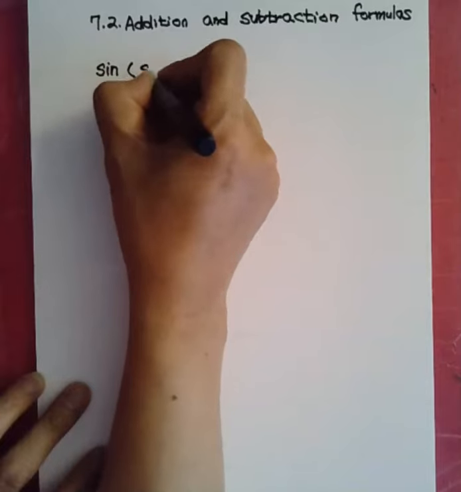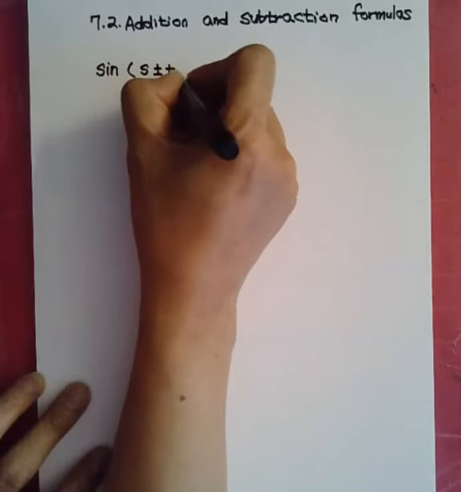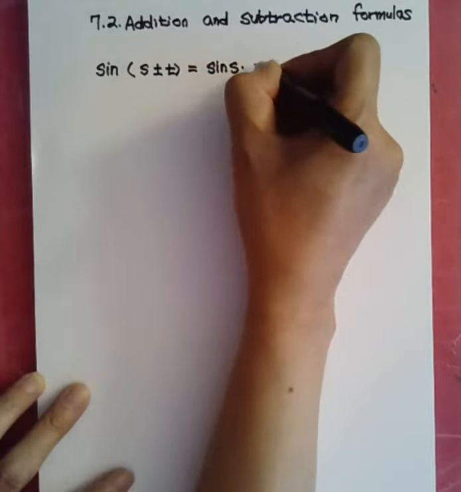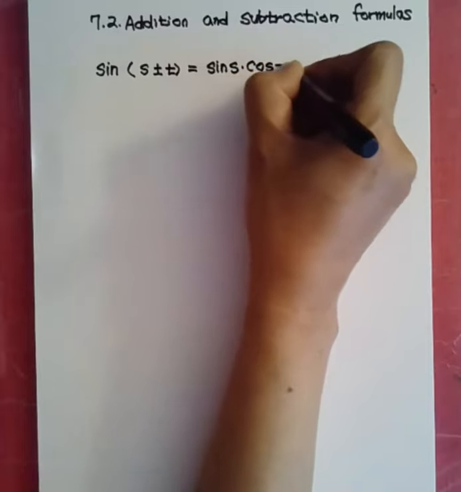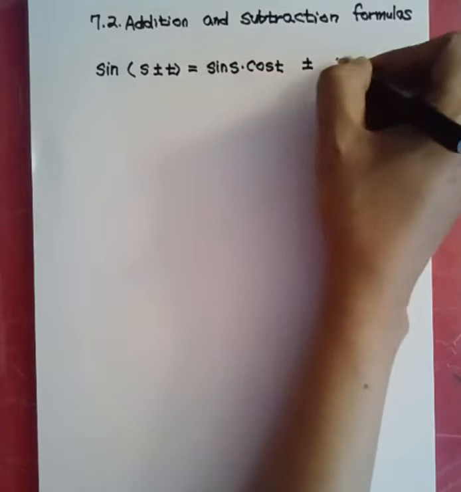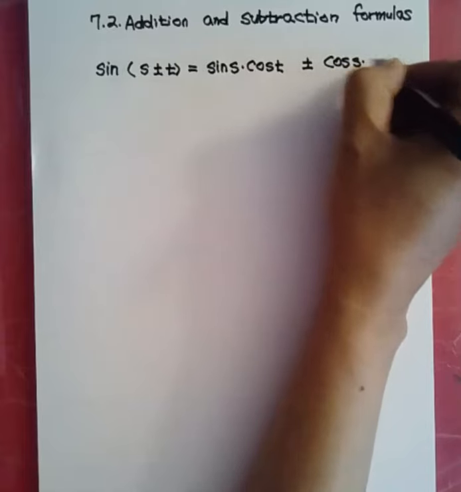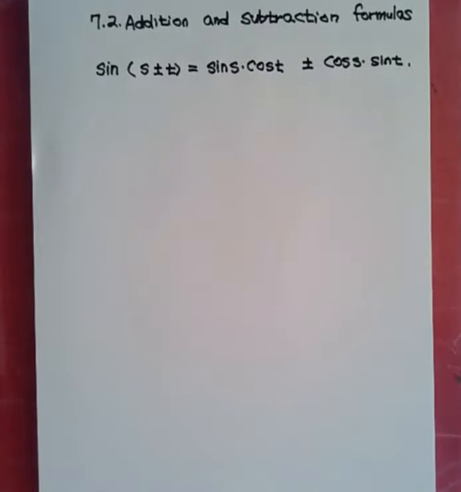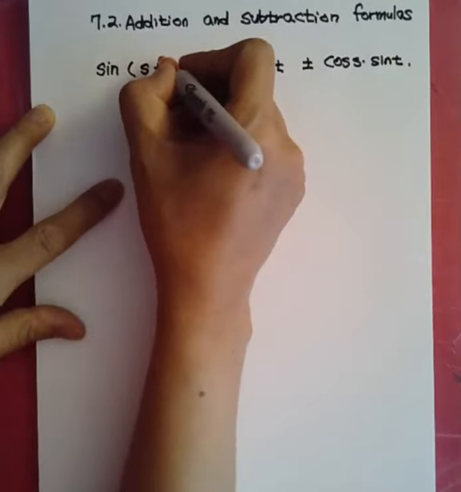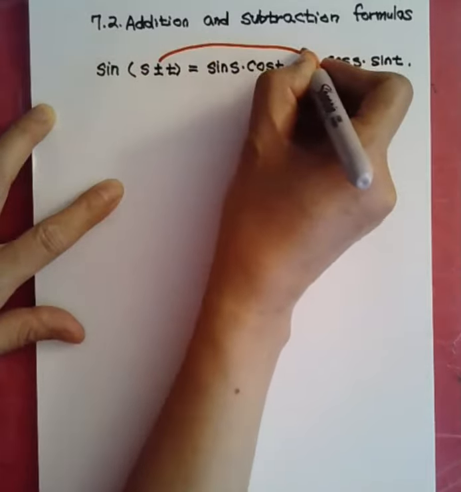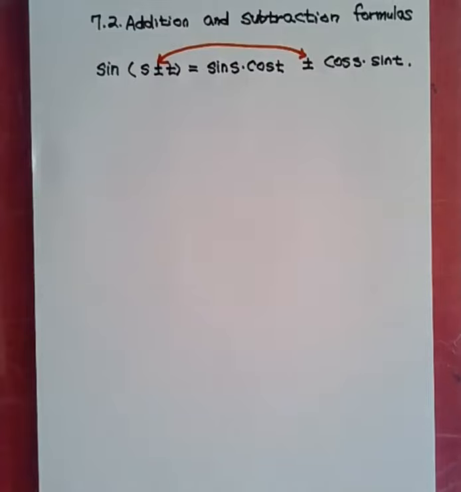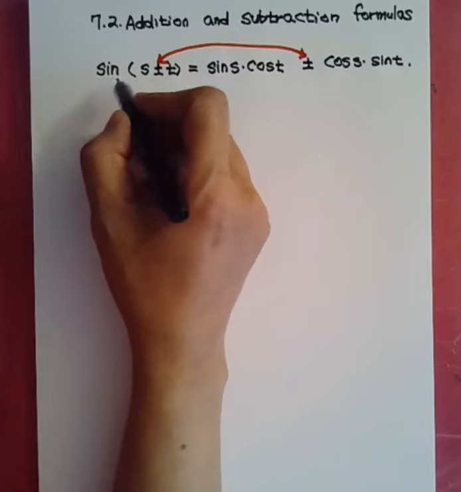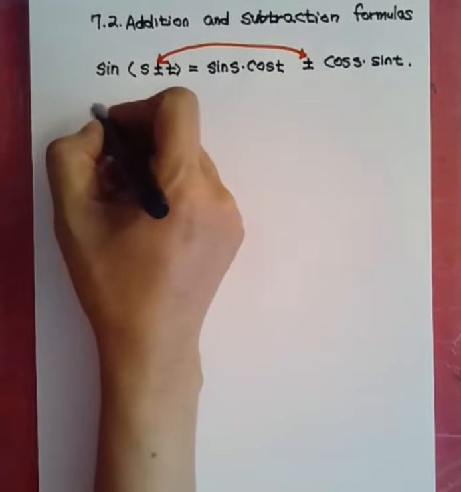Sine of s plus or minus t equals sine of s times cosine of t plus or minus cosine of s times sine of t. Let me explain the notation. Plus or minus, it can be plus or minus. I'm writing two different formulas in one formula.